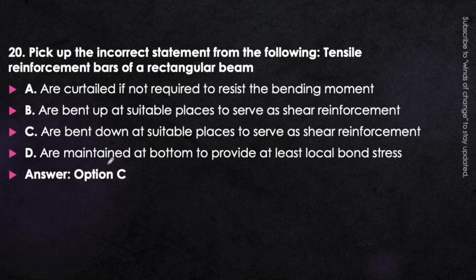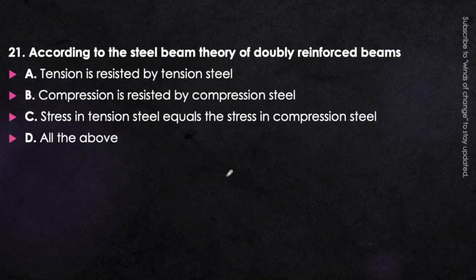The answer will be option C, that they are bent down at suitable places to serve as shear reinforcement, which is incorrect. The tensile reinforcement bars are bent up at suitable places to serve as shear reinforcement. They are curtailed if not required to resist the bending moment, and are maintained at the bottom to provide at least local bond stress.